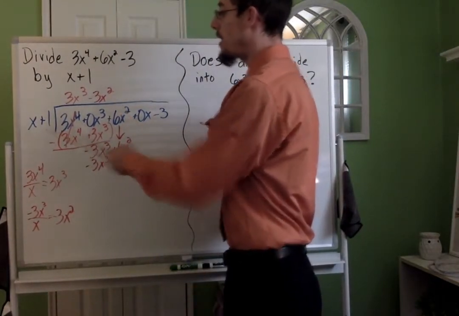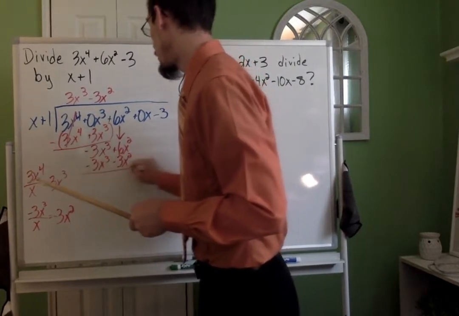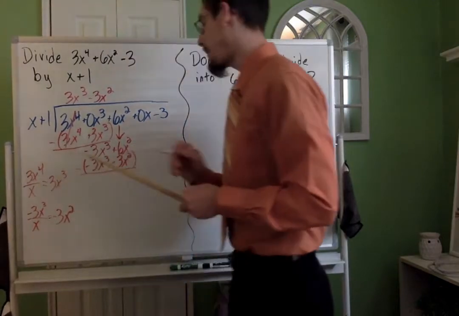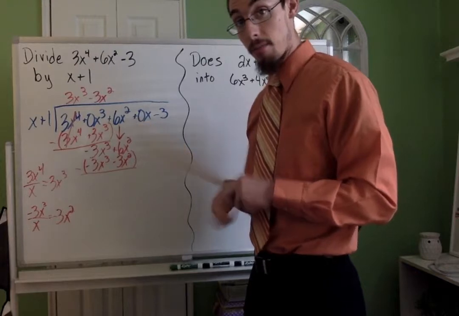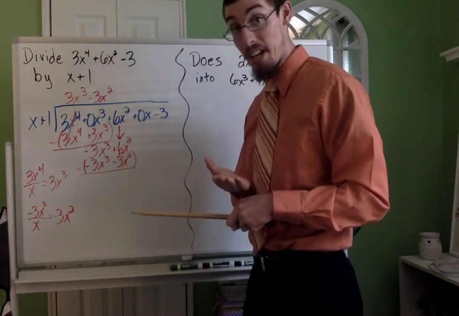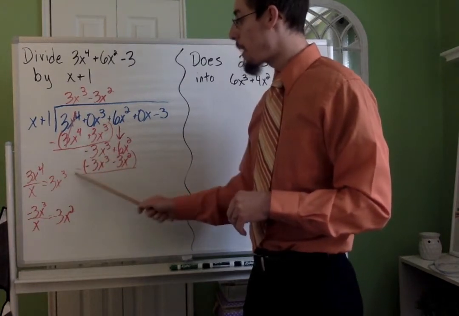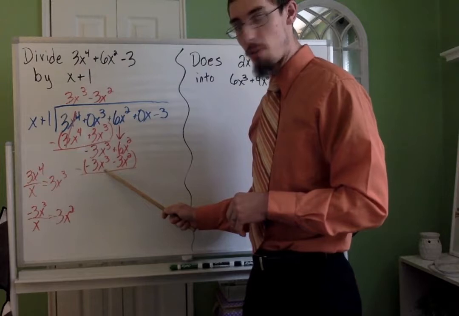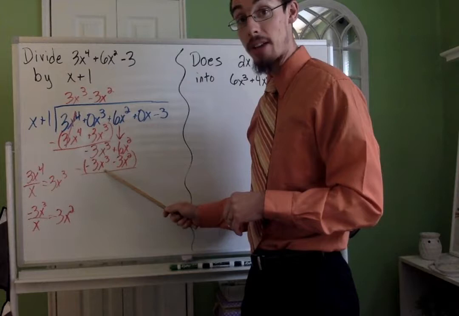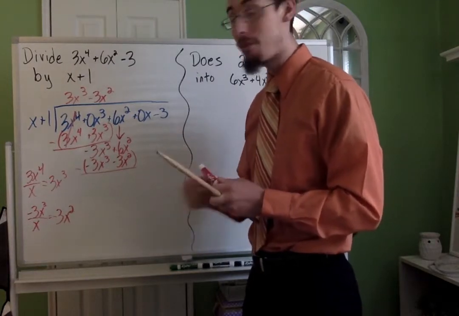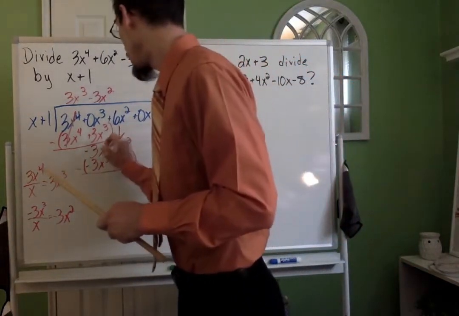Negative 3x squared times 1, negative 3x squared. I then have to subtract it. Now keep in mind, you are subtracting negatives, right? So negative 3x cubed minus negative 3x cubed is technically negative 3x cubed plus 3x cubed, right? Minus a negative. Either way, negative 3 minus negative 3 is going to cancel out.